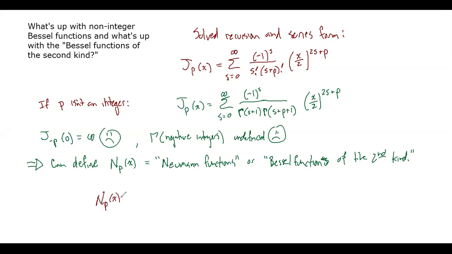So we could say that N_p of x is equal to, and if you remember the recursion formula for the gamma function, you can see what's going on with this: J_p of x minus J_minus p of x, over sine pi p. So what we have essentially is a blow up at negative integers, and it's regulating these blow ups at negative integers. So you could do an L'Hopital's rule type analysis. The Neumann functions also have poor properties, but in a different place. I just want you to know they exist.